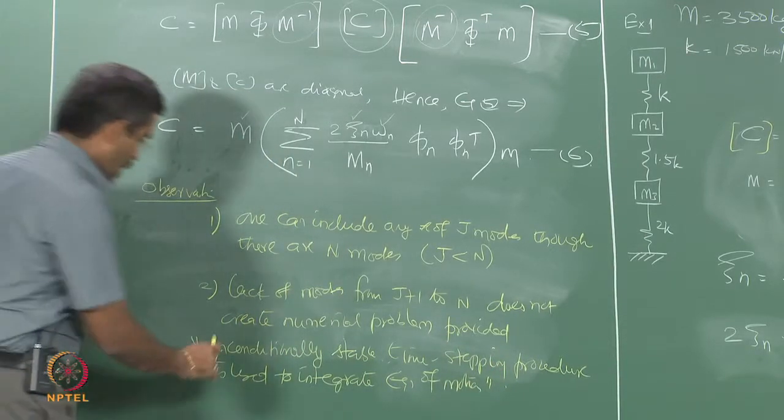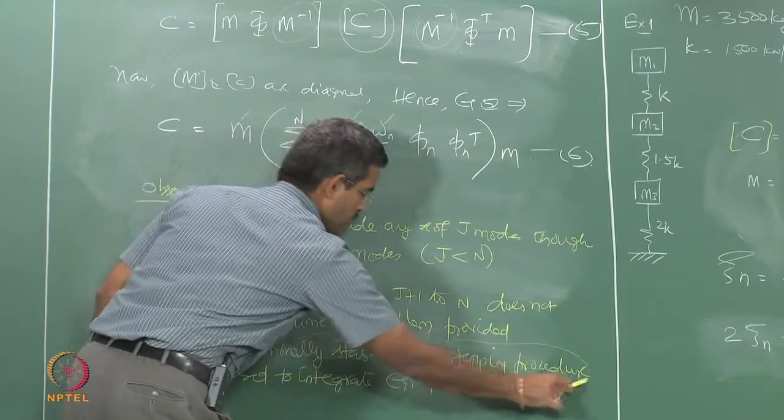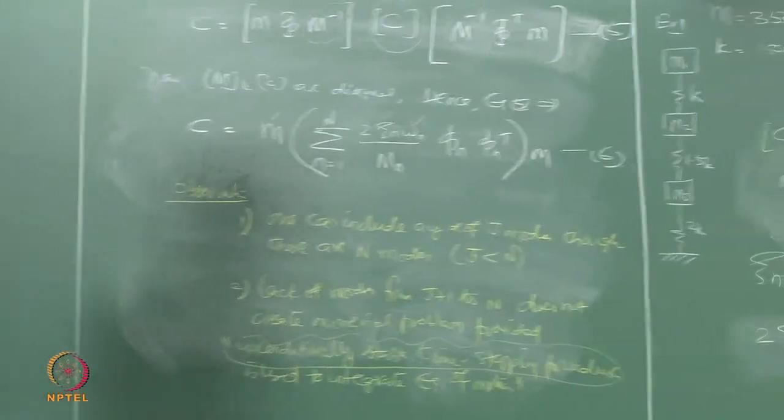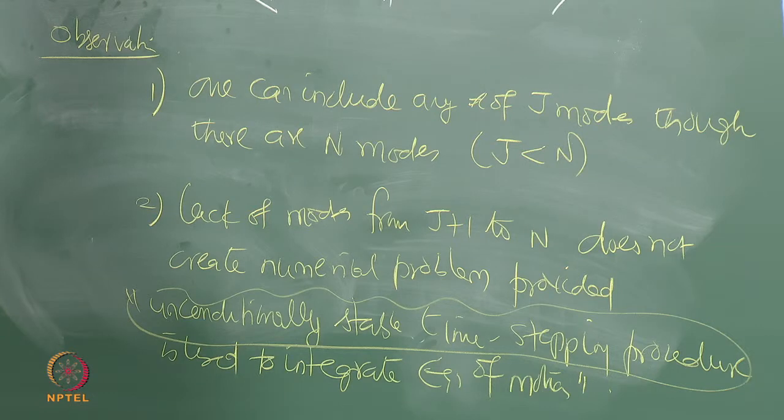We will talk about this unconditional time stepping integration procedure later. There are many methods. If we choose this, it will not create a numerical problem of deleting higher modes from j plus 1 till n. There will be no problem numerically in this method. So, these two are considered to be great contributory advantages for using the modal superposition method for estimating the damping matrix. We will apply this concept of equation 6 to this problem and try to evaluate the C matrix and see how it compares with my Rayleigh and Caughey.